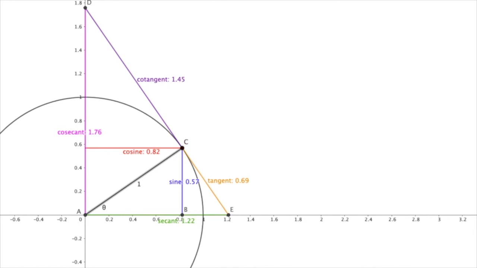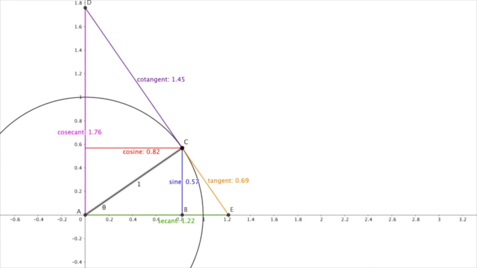So, having established where we can see the lengths for the sine and the cosec, the cos and the sec, the tan and the cot, then on Geogebra we can have a little play about with this. So the interesting thing, and this is some really nice geometry, is that we know that, starting with, the sine times cosec must be 1, because cosec is 1 over sine, sine times 1 over sine is 1.